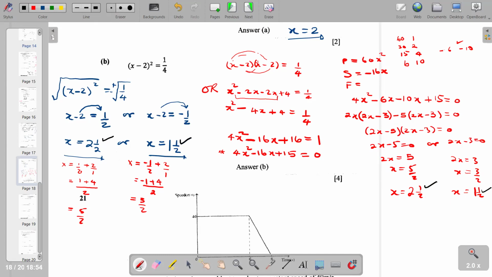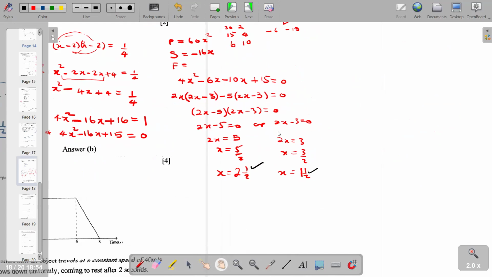It was also possible that after reaching this step, you can use the quadratic formula. So after removing the brackets, you are left with 4x squared minus 16x plus 15 is equal to 0.